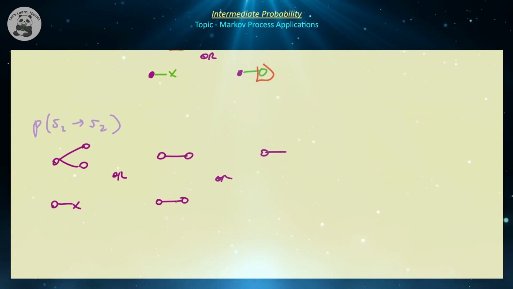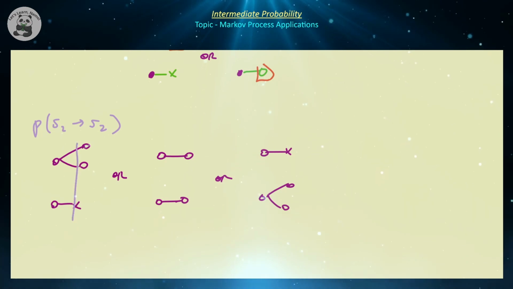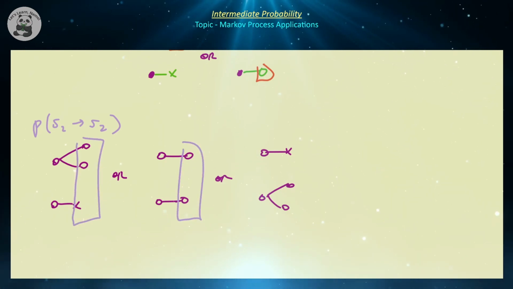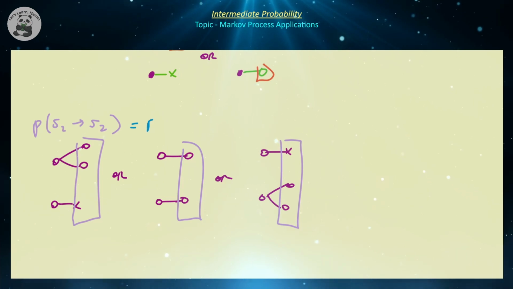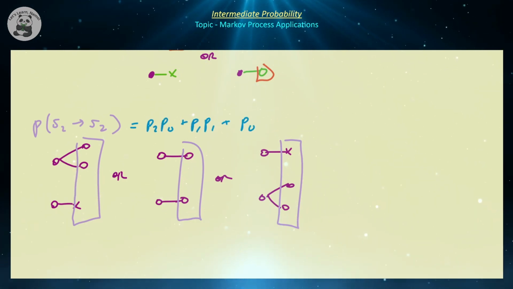Or the first can die off, and the second can branch off into 2. In either case, we have 2 nodes across all of our sub-branches. Okay, so we have 3 events here, so what would be its probability? If we look at this from left to right, we're going to have P2 times P0 plus P1 times P1 plus P0 times P2.